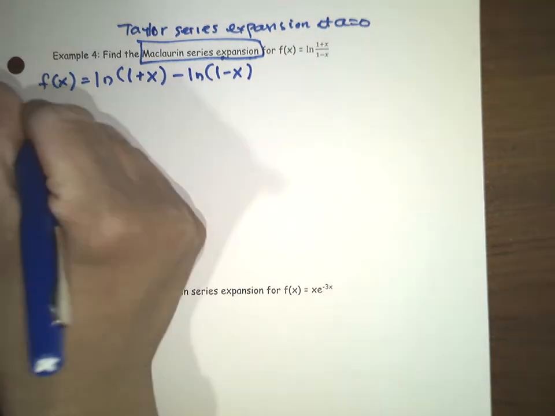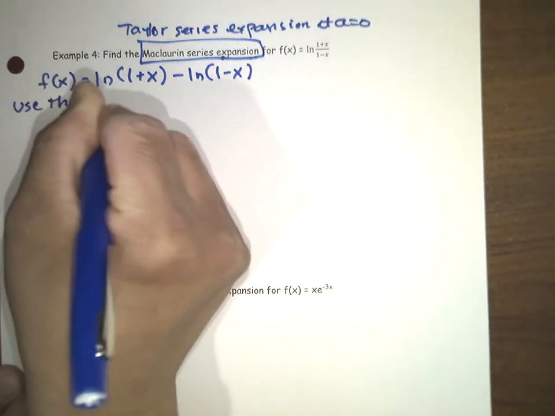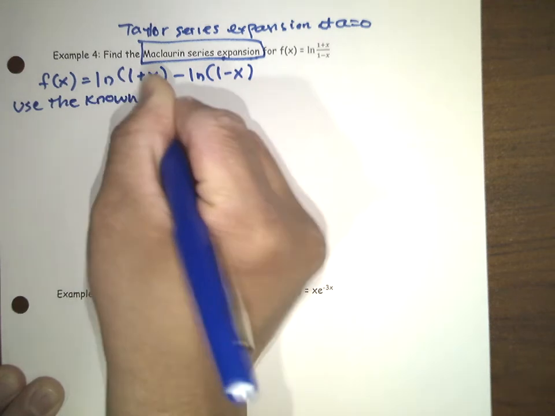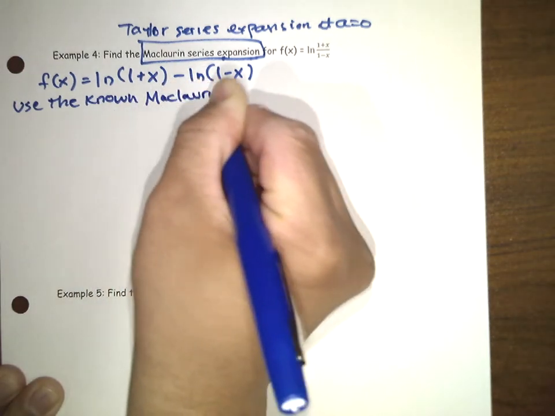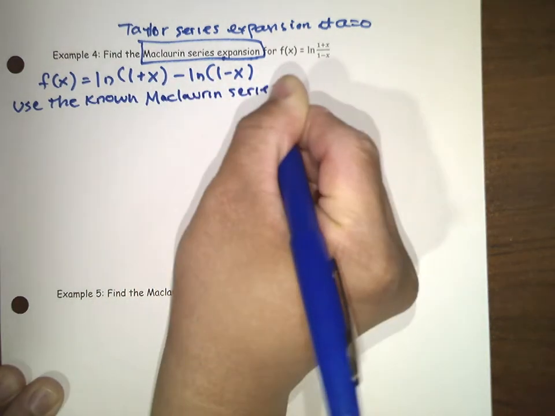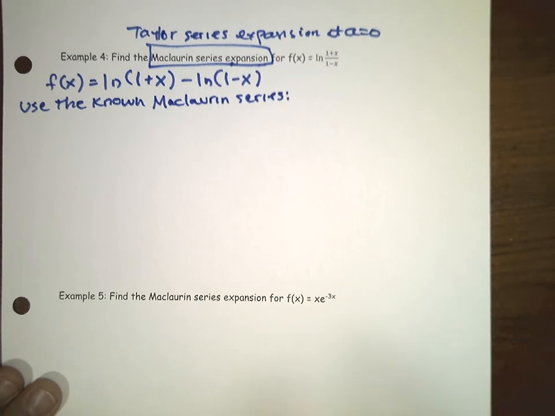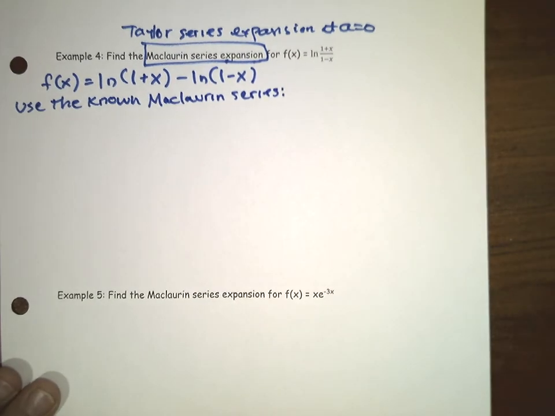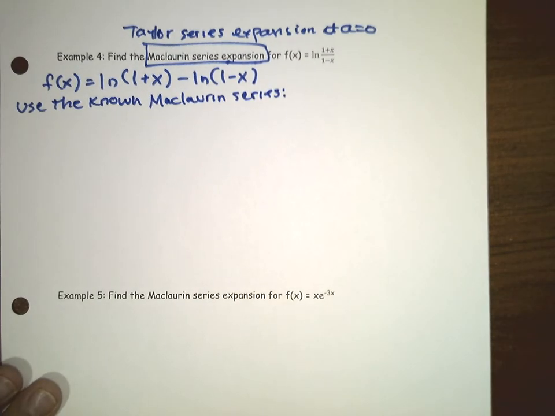And then we are going to use the known Maclaurin series. The known Maclaurin series will help us so that we don't have to find all of the derivatives from scratch ourselves, all right?